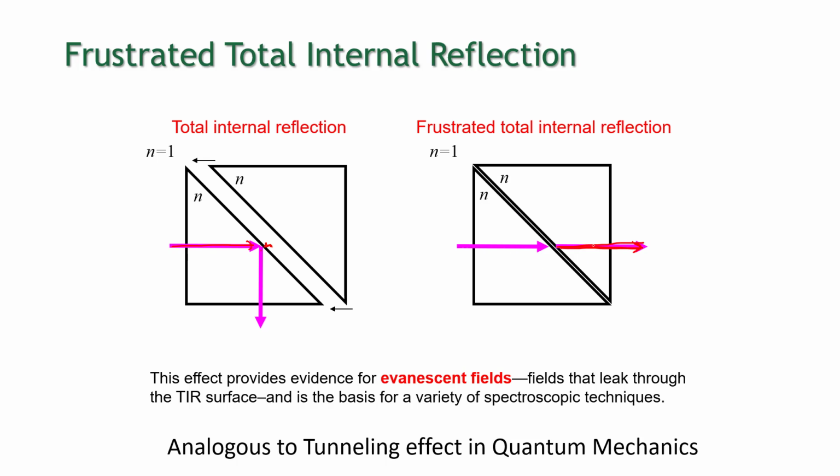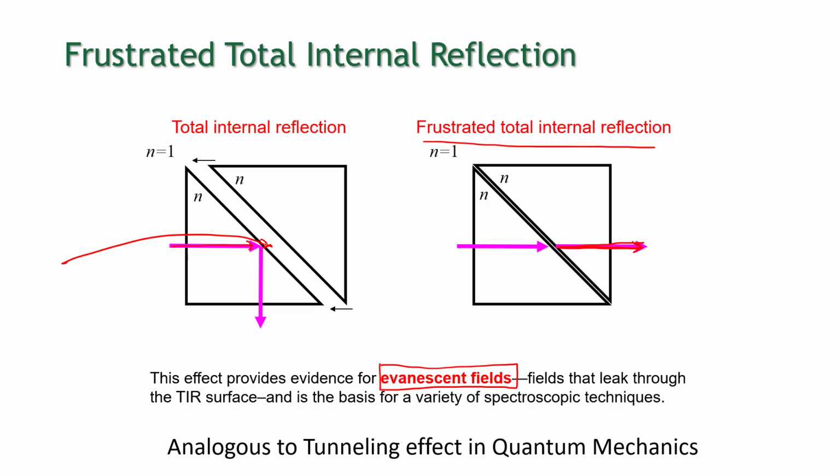This kind of phenomenon is called frustrated total internal reflection. This wave, or this electric field that shows up on this side, is called the evanescent wave, which is this one.